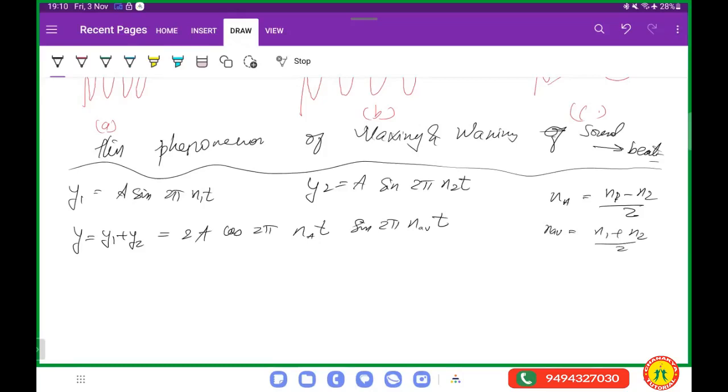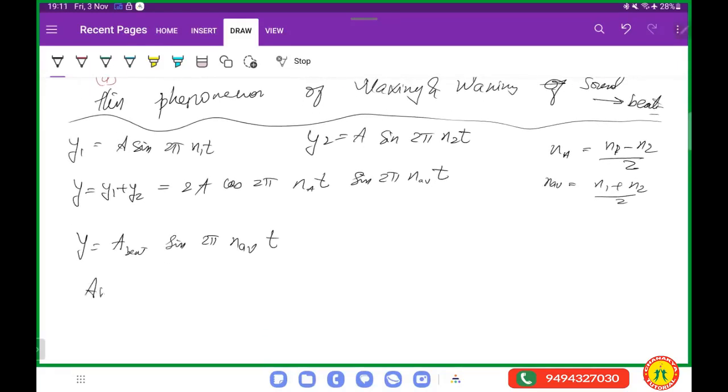So generally we can write y equals the same formula: A for beats times sin 2π n average t. A for beat we can write as 2a cos 2π n a t. I'm taking this one as the amplitude.